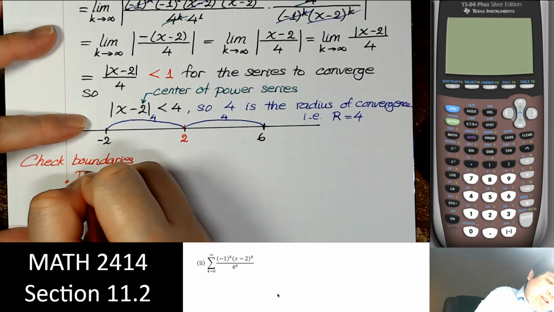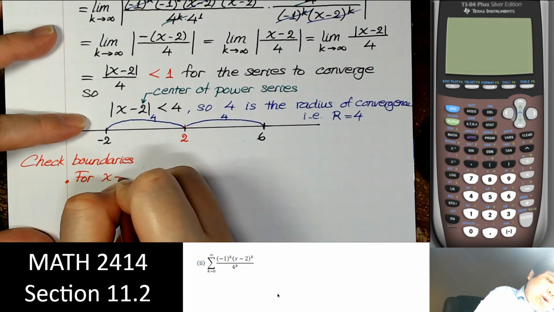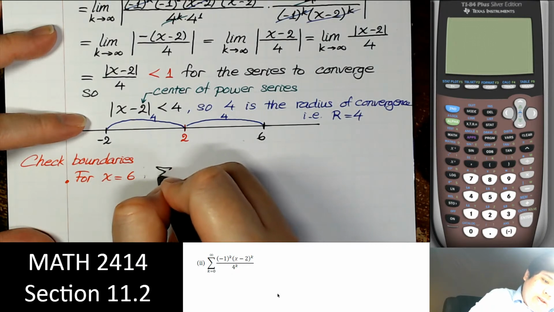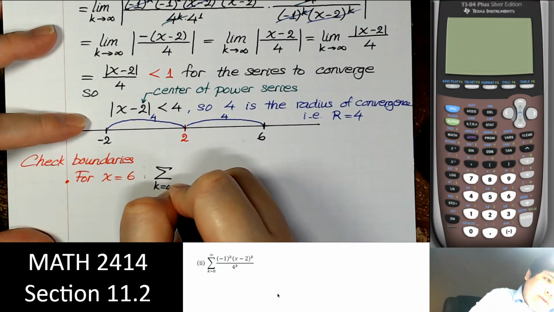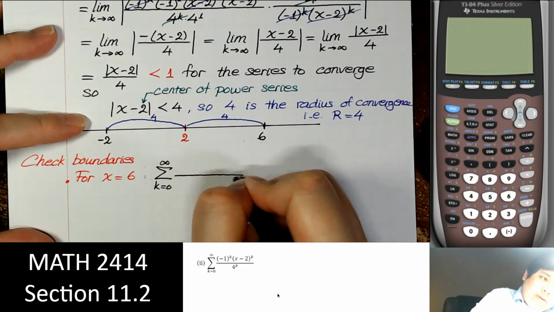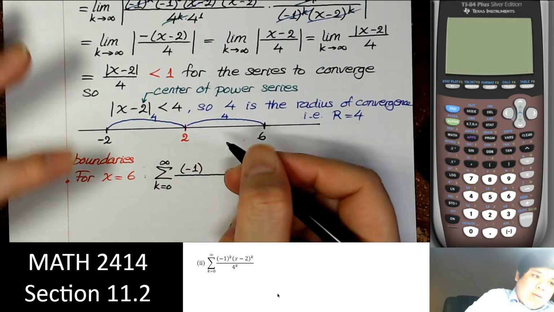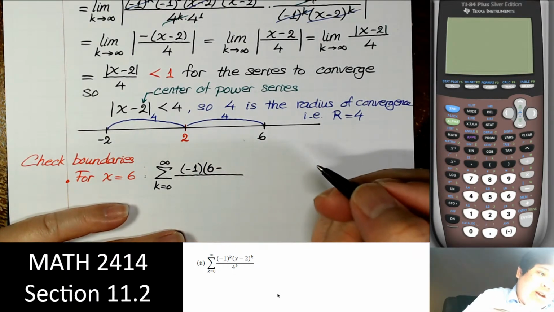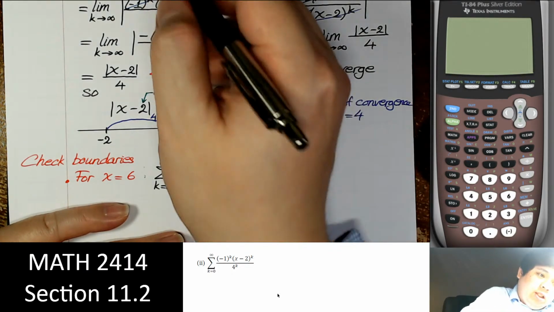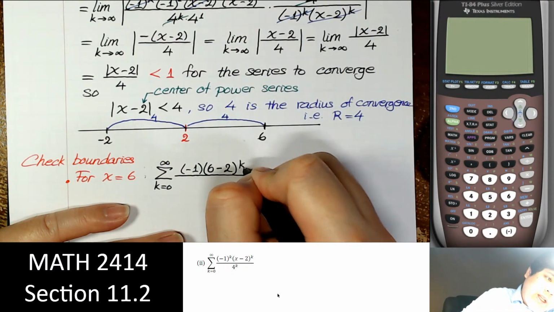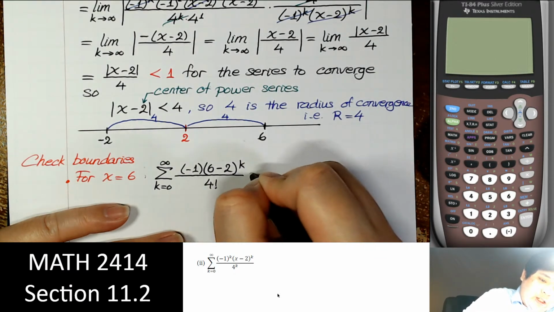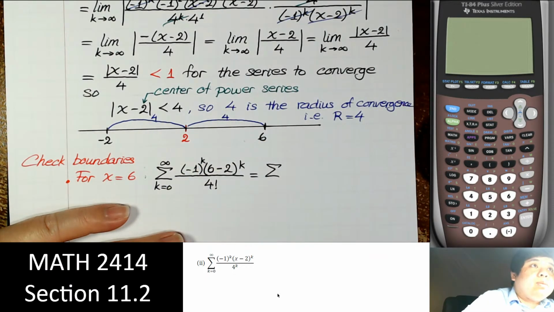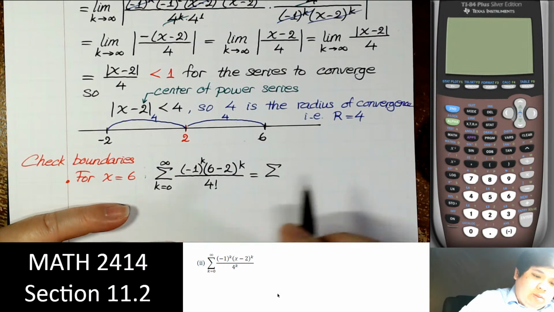First, for x equal to 6, I'm going to put 6 here, minus 2 to the k, over 4 to the k, negative 1 to the k though, sorry. I'll keep doing that.